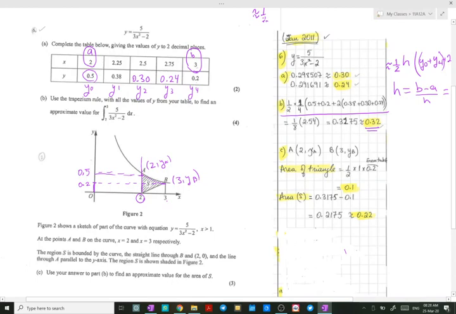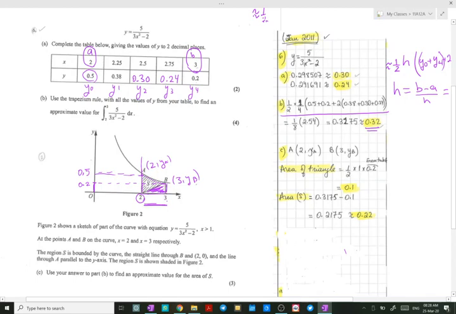So in order to find the area of S, we already have the area which is under the curve, we only need to find the area of this triangle. In order for us to subtract them from each other, we get the area of S. This is a right triangle, so we can say that the area is half times the base times the height.